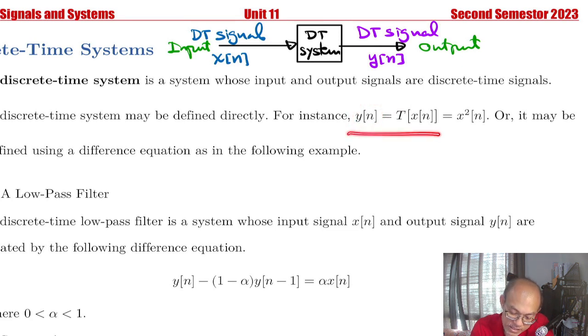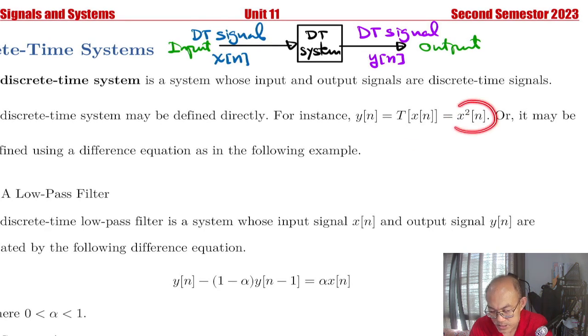And in this case, what this system does to the input signal is it squares the input signal, and the result from the squaring is going to be the output signal at the same time n. So what it does here is simply squaring the input signal and making it the output signal.